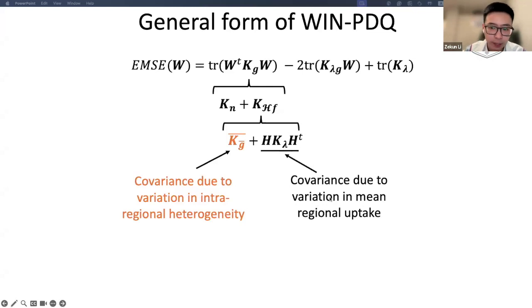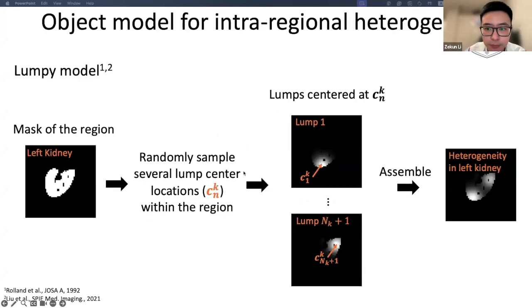In fact, generally speaking, all the other covariance matrices can be relatively easy to obtain from the population prior knowledge, quite similar to when we apply the Wiener estimator matrix to obtain the conventional Wiener estimator. And the unique term for the WIN-PDQ method, and it's also usually the most challenging part to obtain, is the covariance matrix due to the variations in intra-regional heterogeneity.